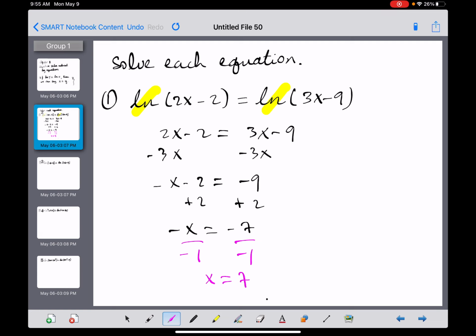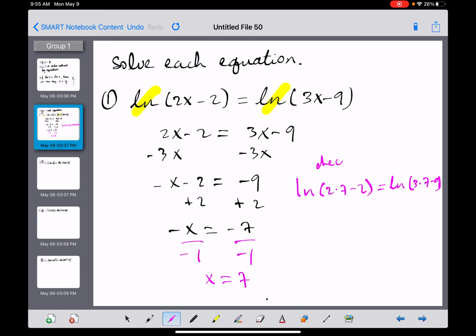Okay, just like log equations, when it comes to ln equations, you have to check your answers. What that means is that you plug it back into the original equation, and if it gives you a positive answer, anything greater than 0, then it's okay. If it's negative, then it will not be okay. So for example, we plug 7 into ln of 2 times 7 minus 2 equal to ln of 3 times 7 minus 9.